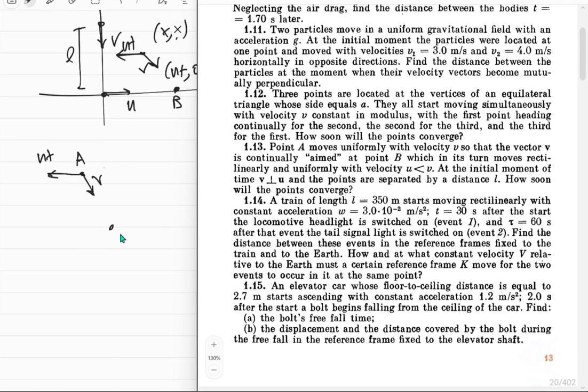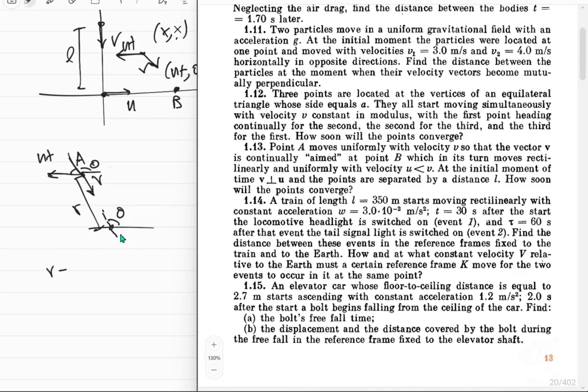Let's call the angle that it makes with this theta, right? Initially your theta will be 90 degrees, and finally maybe your theta is 180 degrees or something. And this complete thing we just call r. So you just have v minus this. What will this angle be? Look, this angle is theta, right?